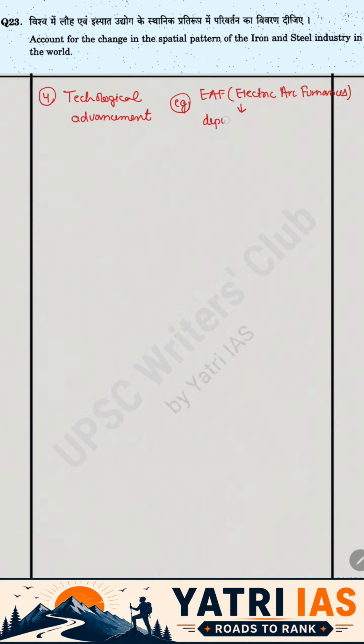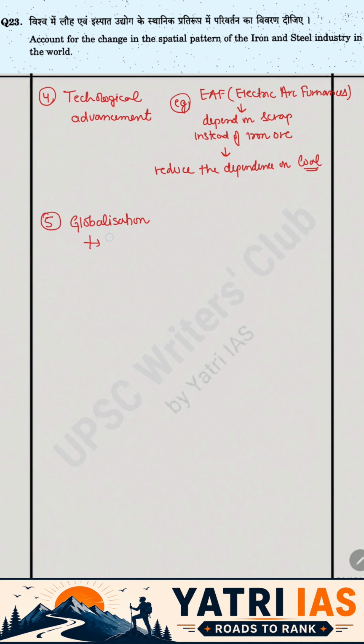So after mentioning this, you would mention technological advancement is taking place in developing countries like China and India. For example, you see electric arc furnaces. They depend on scrap instead of iron ore. Technology like this reduces the dependence on coal, iron and steel.